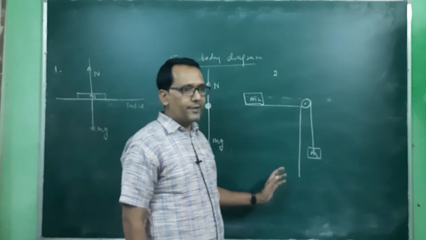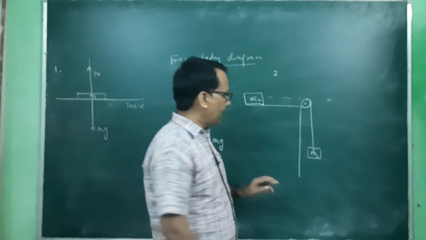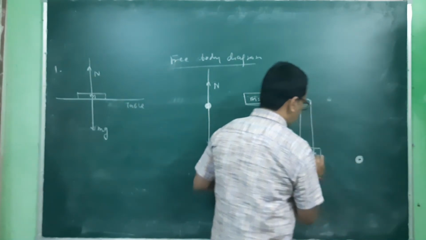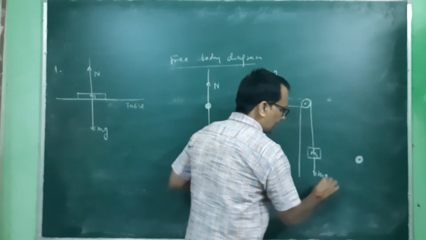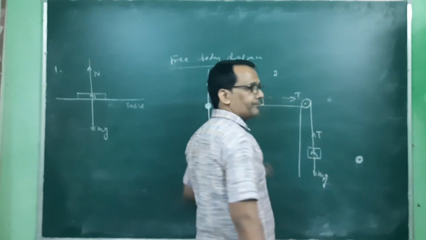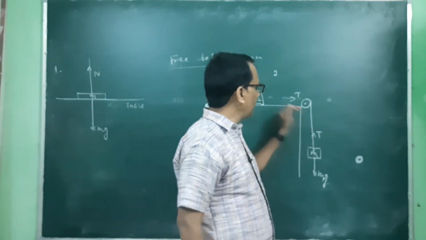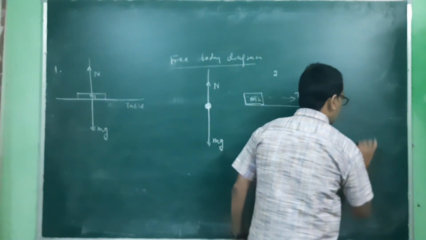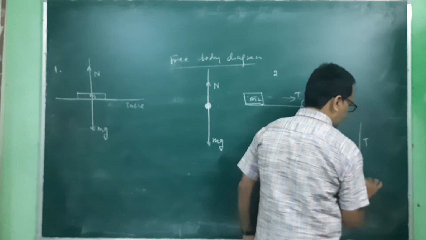This is at rest. So this M1 is taken as a point. One force is applied along this, M1g, and this is the tension. Tension toward this pulley is taken as T, and this is mg.